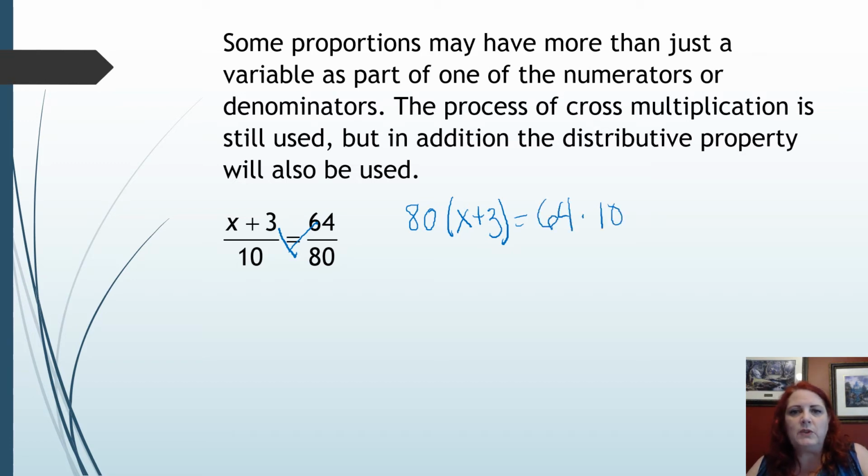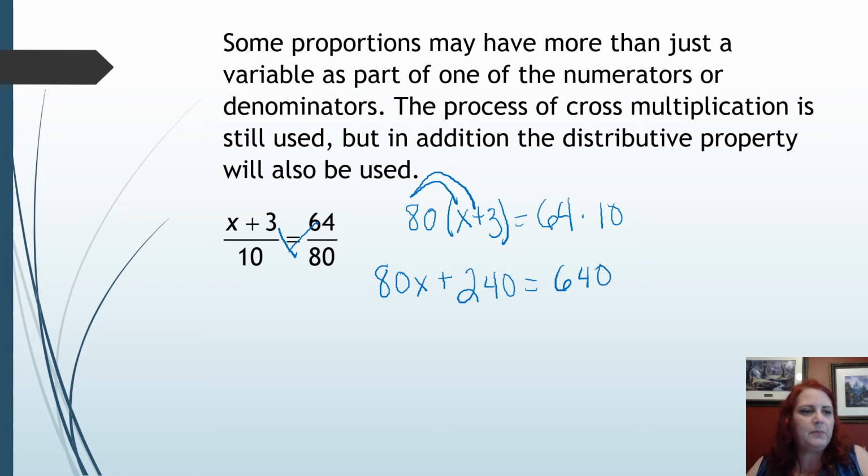So I'm going to use the distributive property to distribute the 80 to the x and the 3. 80 times x is 80x, and 80 times 3 is 240. On this side, we'll multiply 64 times 10, and that gives me 640. Now I solve it just the way that we would solve any other linear equation.